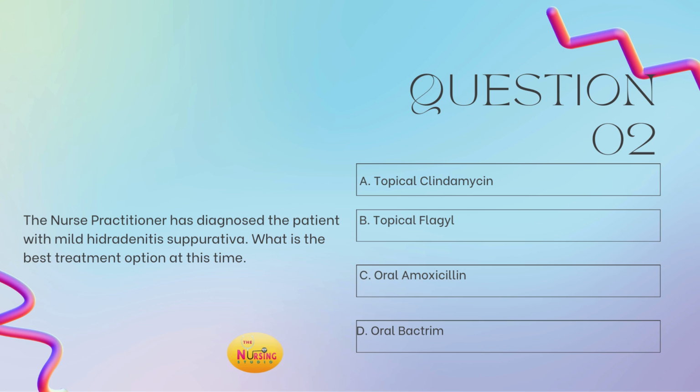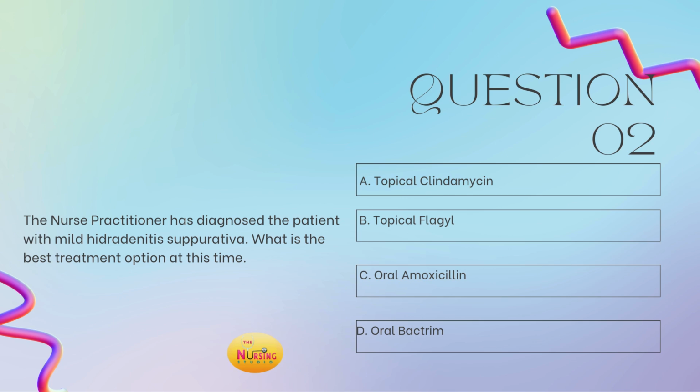All right, so stem of the question here is, what is the best treatment option at this time? If they're asking for a treatment, I always say run it back and see if they have provided you with a diagnosis. And if they have not, then you need to run it back a step further and look at the assessment findings. They have provided the diagnosis here, and it is mild hidradenitis suppurativa. So how do we treat mild hidradenitis suppurativa?